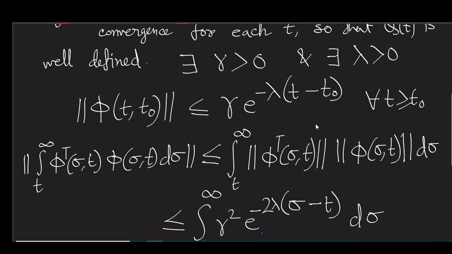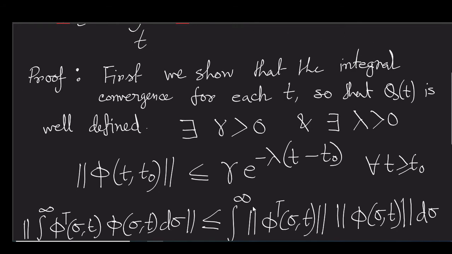Now we are assuming that the state equation satisfies the condition of a uniformly exponentially stable system.